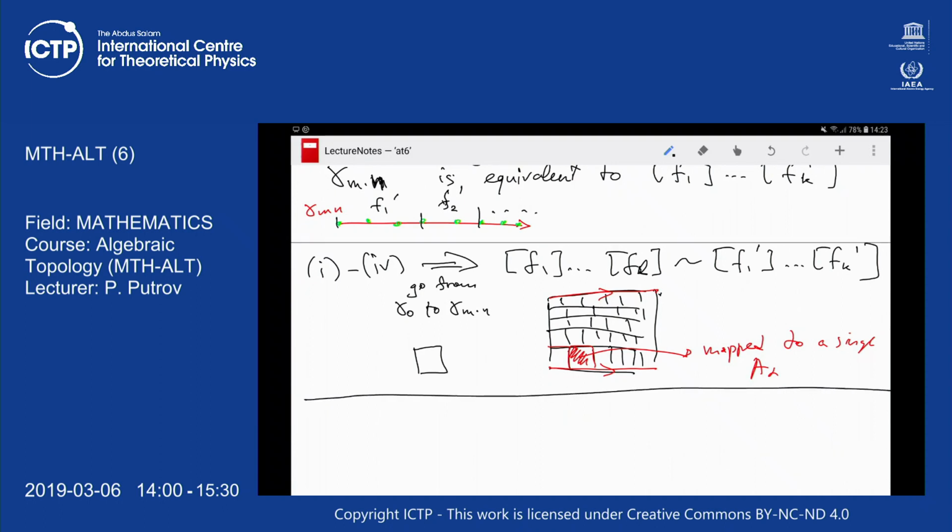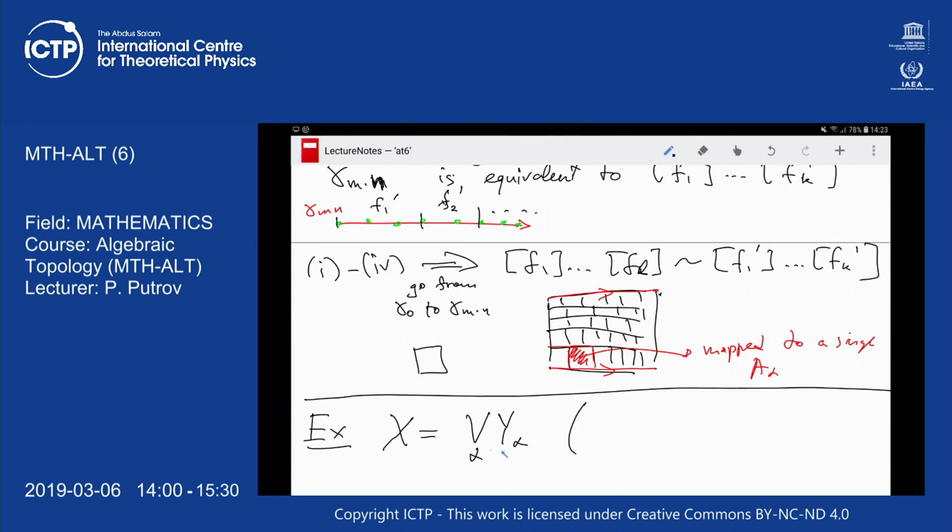Okay, so let me give a rather simple but important example of how one can use this theorem. Let X be what is called the wedge product of some topological spaces Y alpha.